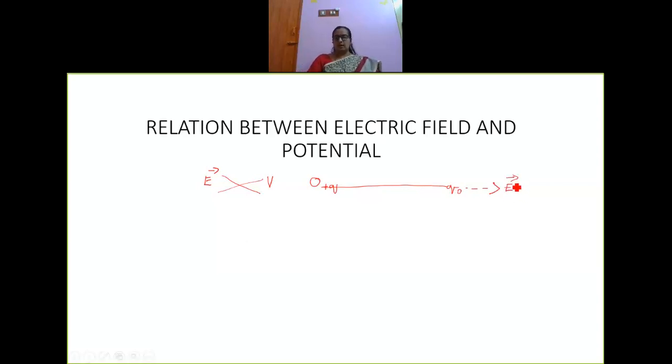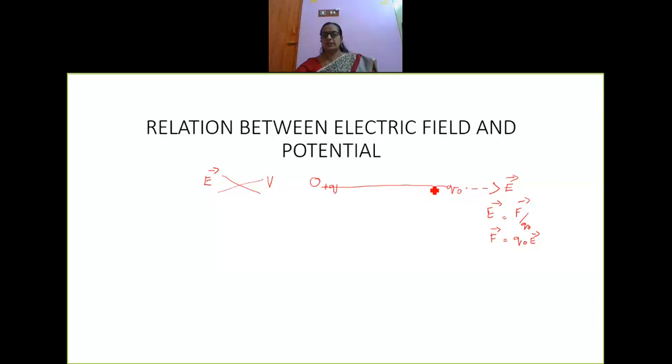Okay. Now this charge Q naught will experience a force, which is given by E vector equal to F by Q naught, with which you are already familiar, or the force that is experienced can be given as Q naught into E vector. Clear? Yes? Now, what I am going to do is consider two points here.